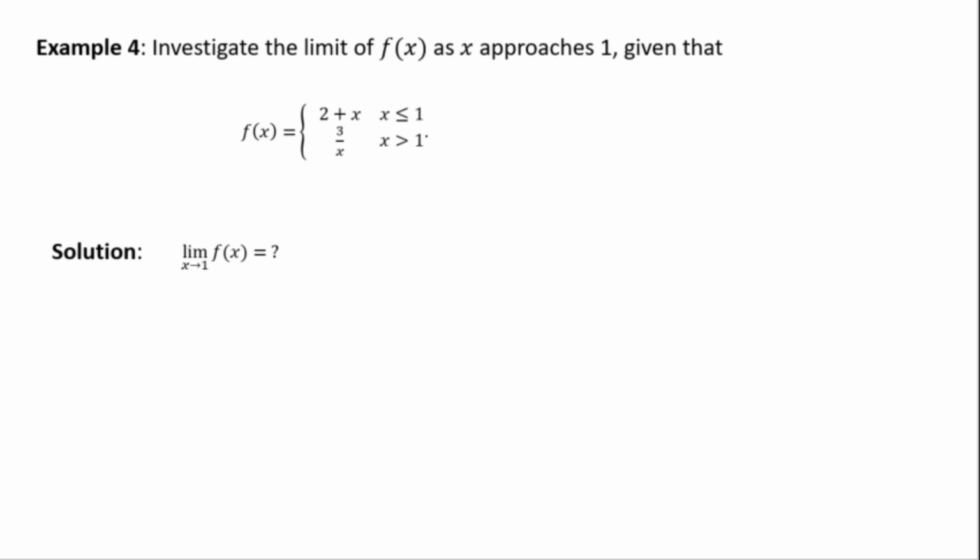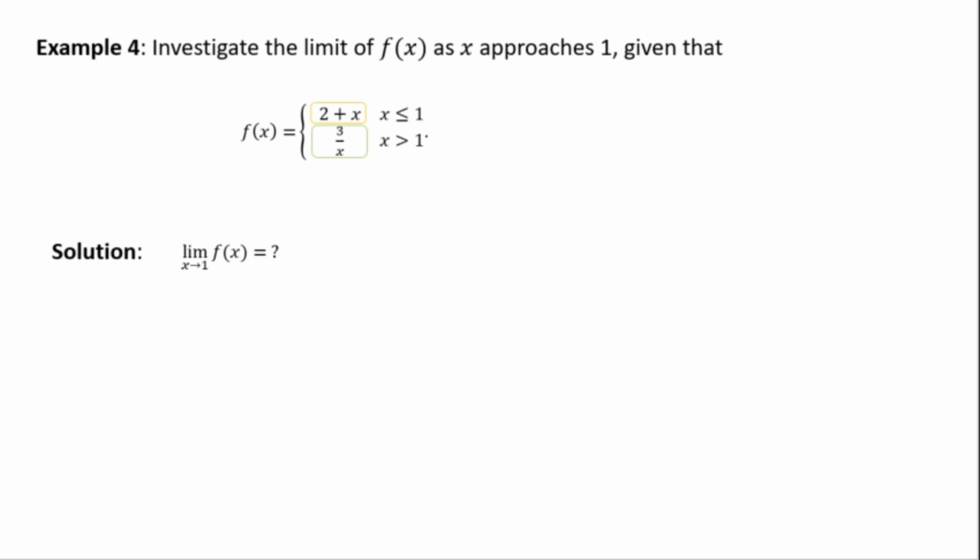But before we do that, let us first understand what this funny way of defining a function means. That one, the piecewise defined function. So yeah, this is a piecewise function. The reason why it is called that way is because it involves different pieces of expressions or functions, if you will, that are defined on their respective subdomains.